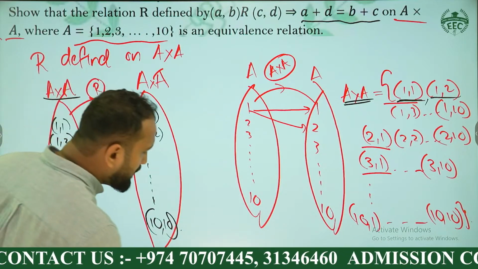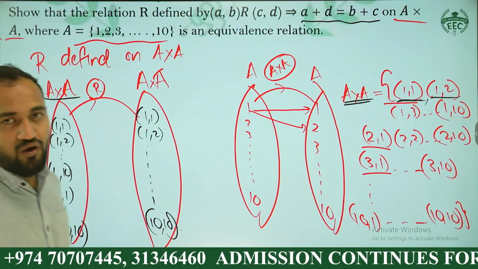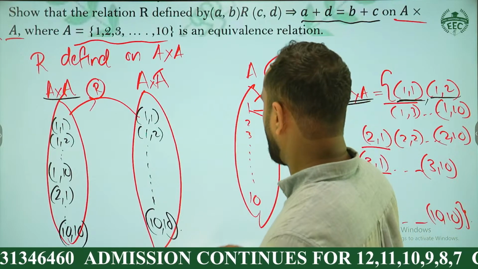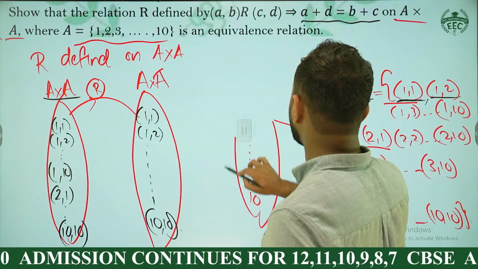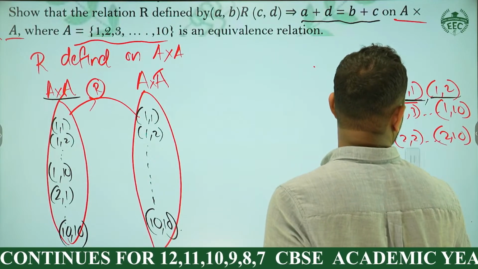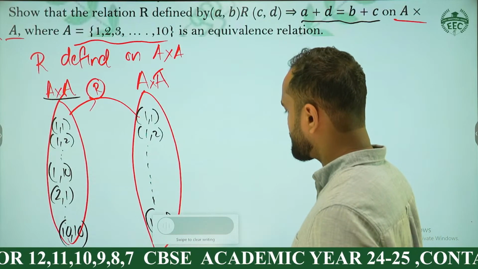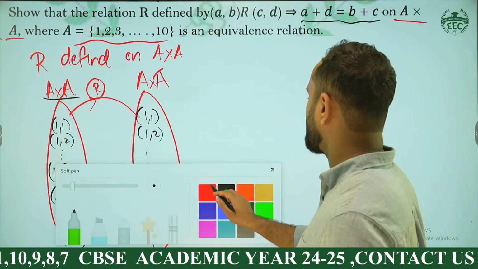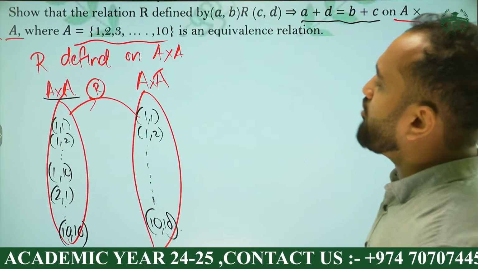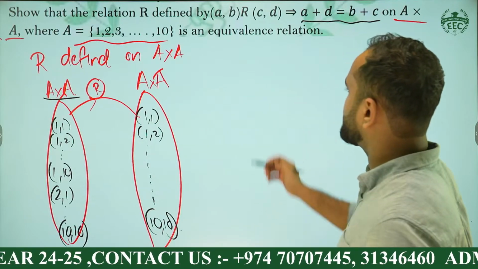Alright, now people, after understanding what the set is where the relation is defined, you have to define how they are related, how their relation will be satisfied. Now tell me what the relation is.